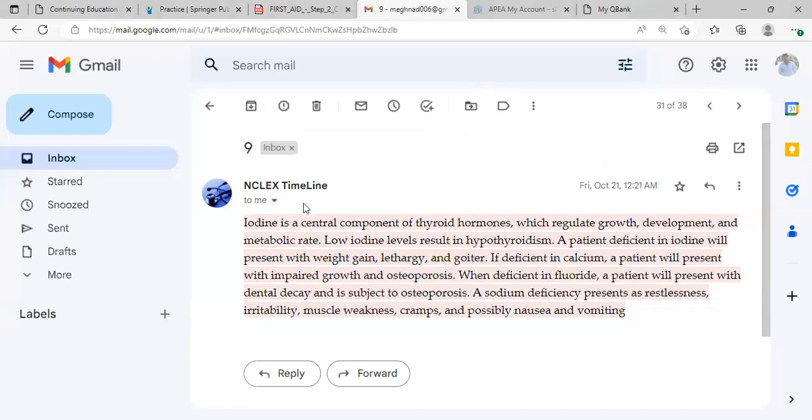Now this note is here: iodine is a central component of thyroid hormone. So iodine, right? Which regulates growth, development, and metabolic rate. So every day we take some salt, and salt contains iodine. And what is the role of iodine in the body?